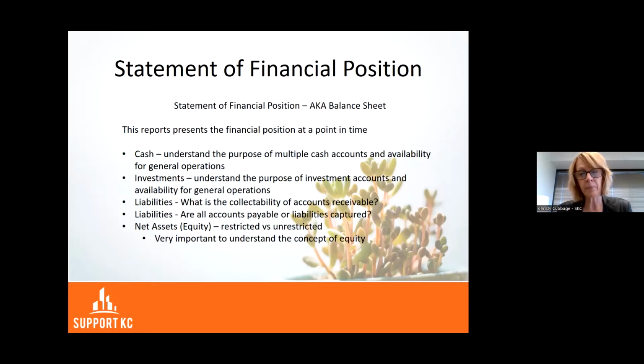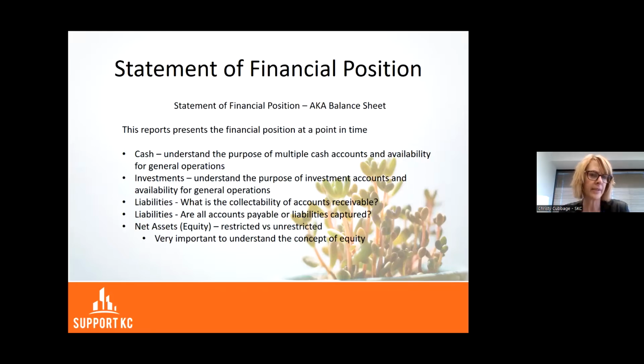So if there is a purpose for those bank accounts, like, oh, that's the capital campaign account, we only use it for that, or this is our endowment accounts, anything specifically that maybe you could know about that account, ask what that's for. Ask if that is set aside for a purpose.